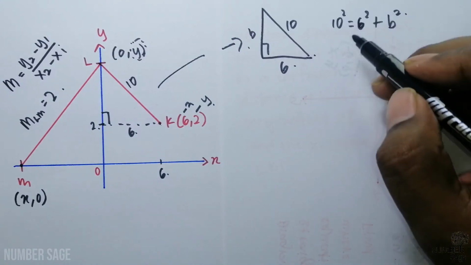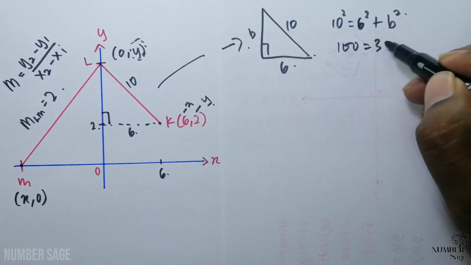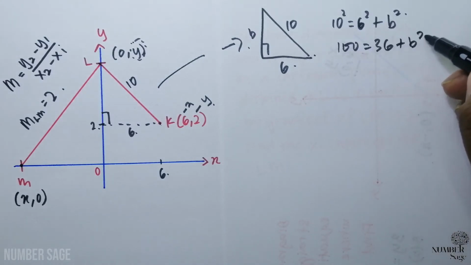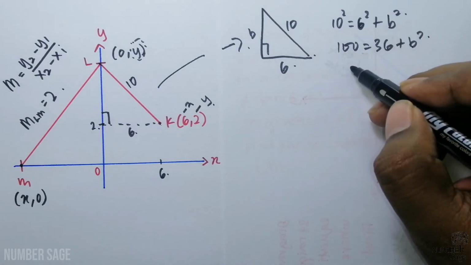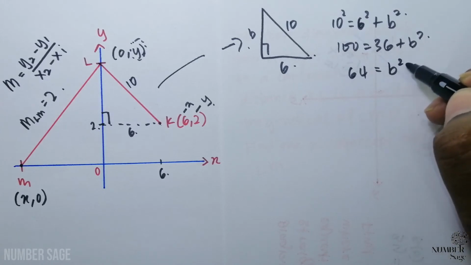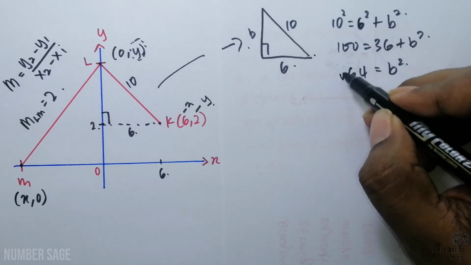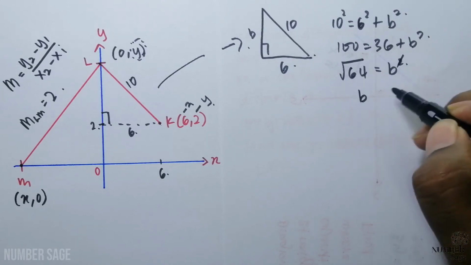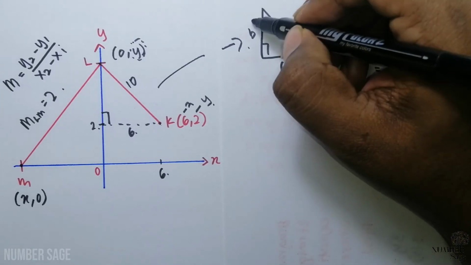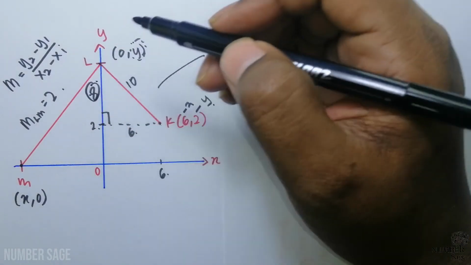So this will give us 100 is equal to 36 plus b squared. Moving this to the other side, this will give us 64 is equal to b squared. Further solving will give us b is equal to 8.